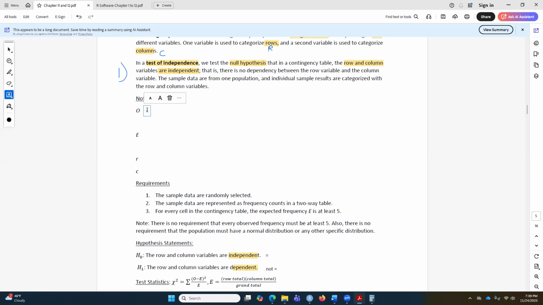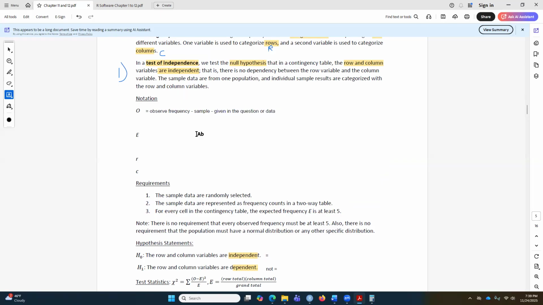O in this case is your observed frequency. This is exactly what we did in the previous section. This is from the sample, usually given in a question or the data.